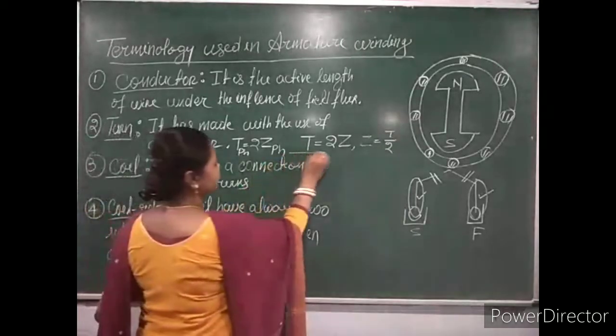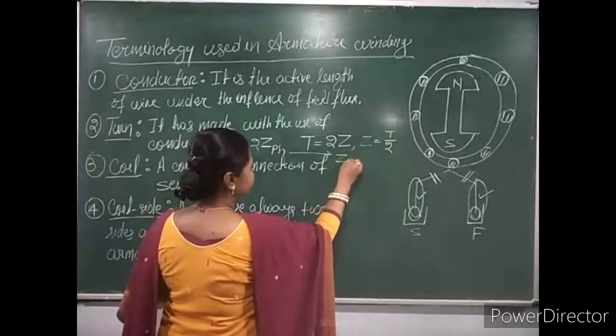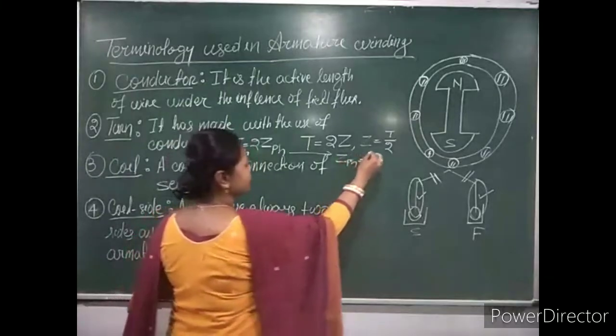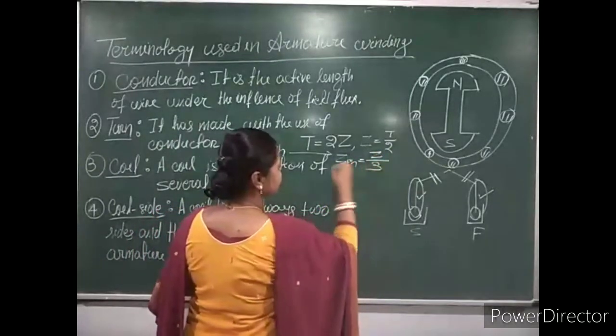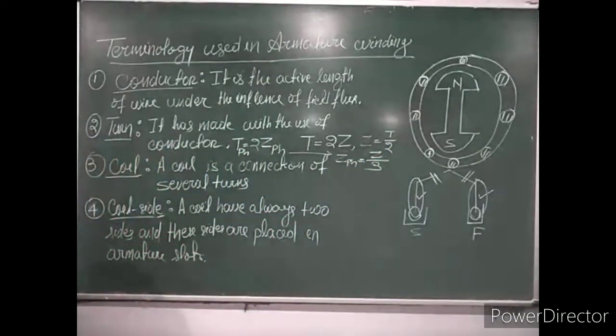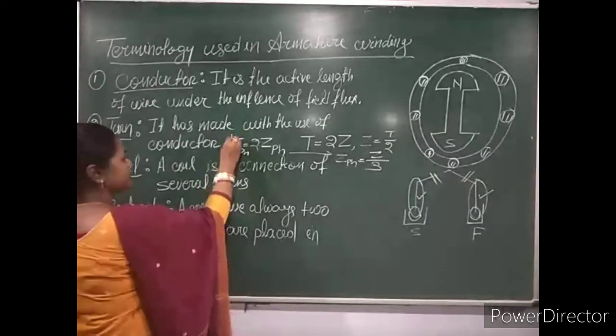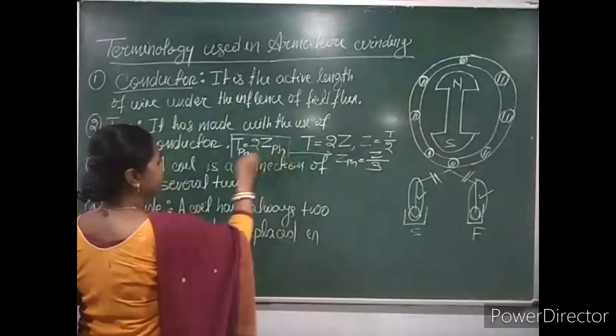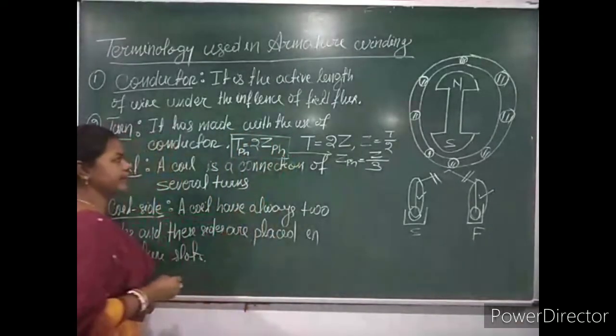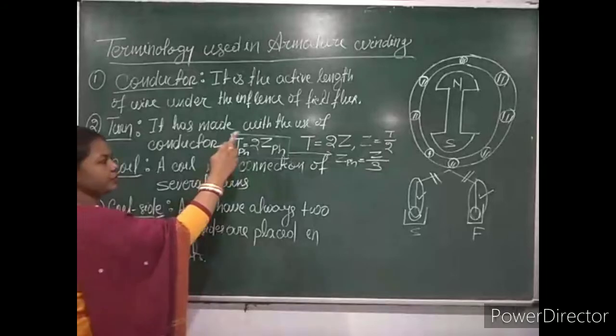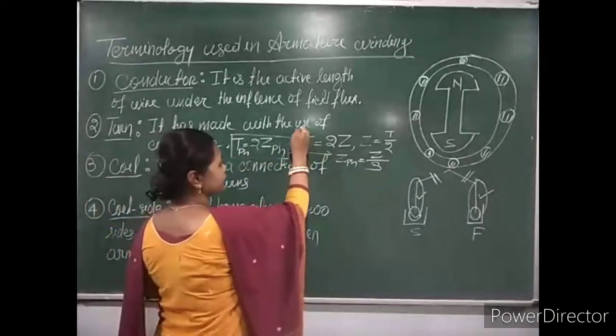And what is the number of conductors per phase? It is equal to the number of conductors divided by 3 for a 3-phase machine. If the armature consists of 3-phase winding, then the relationship between the number of turns and conductors per phase is this one, and for a single phase it is this one. Clear?